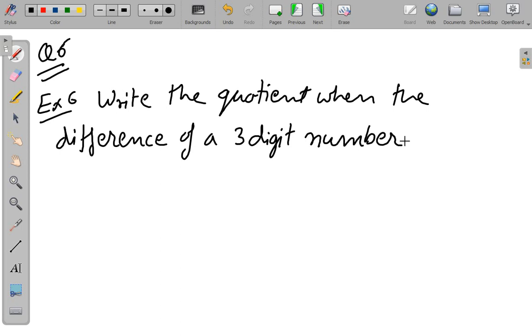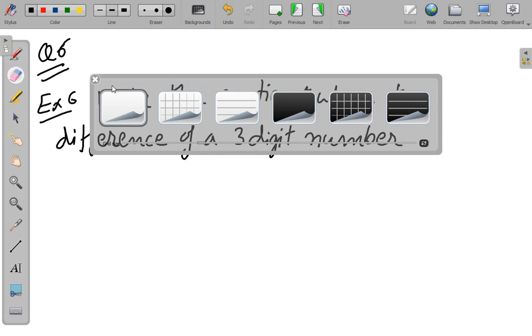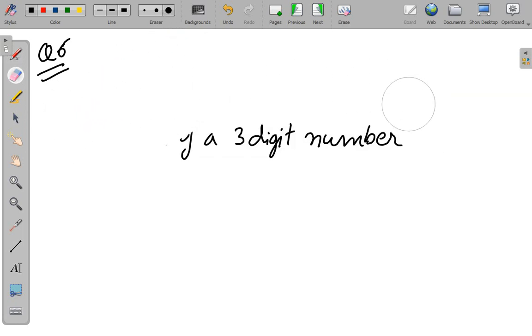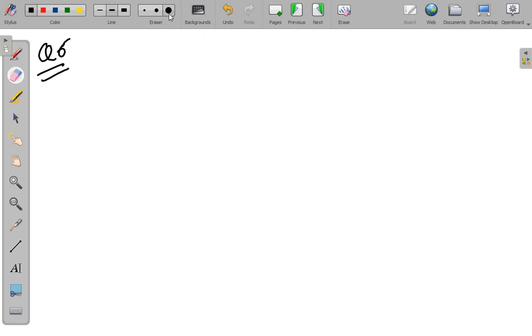This question is also about, this is not the same as that example, sorry. I will continue with question number 6 only, but before doing this question, I will do one extra question. Let us say this is an extra question.